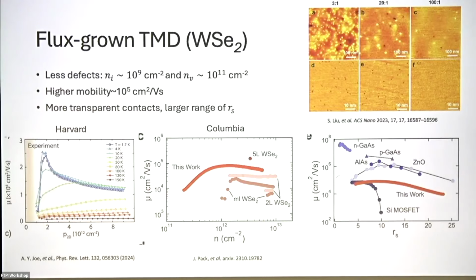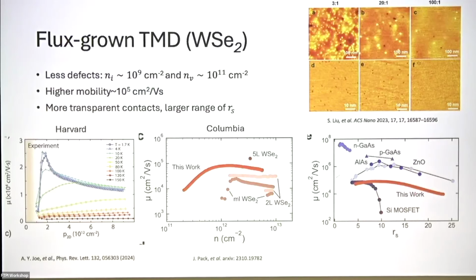And if we compare these mobility density curves to other systems, definitely it's incomparable to gallium arsenide. Gallium arsenide is in this range, so it's like 2 orders of magnitude higher than the TMD materials, but it already beats the silicon MOSFET.